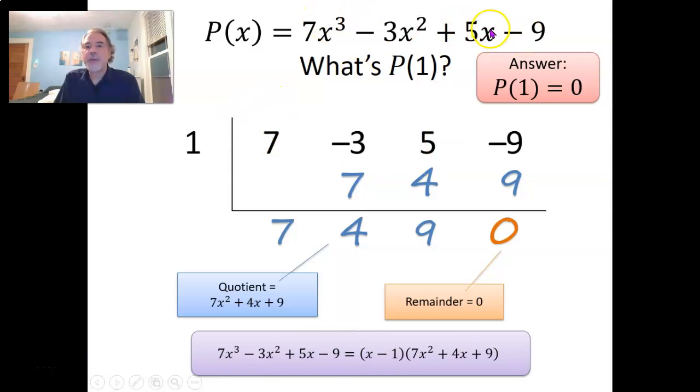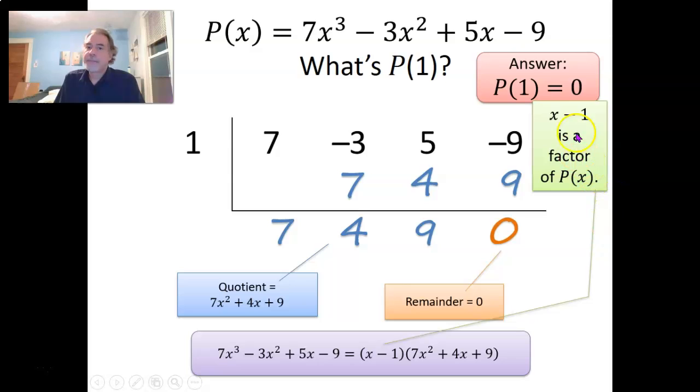This polynomial can be factored into x minus 1 times 7x squared plus 4x plus 9. That is what we were dividing by times what we got as the quotient. Since 1 is a 0 of this polynomial, x minus 1 is a factor of the polynomial.